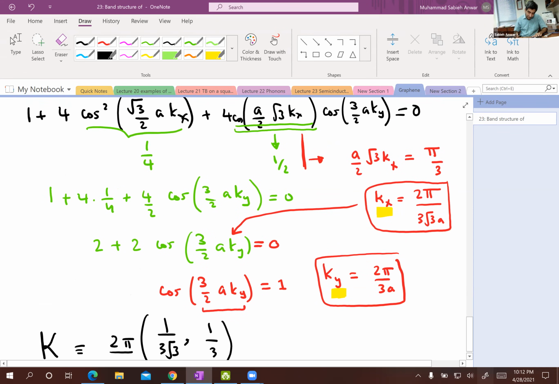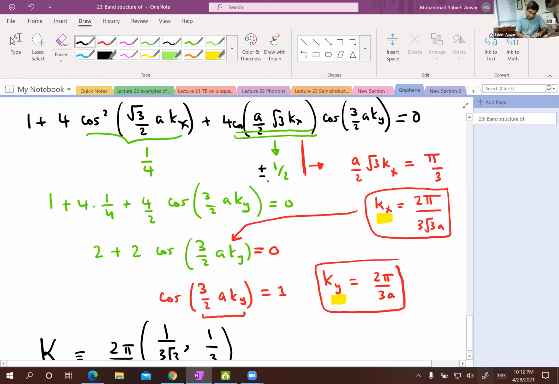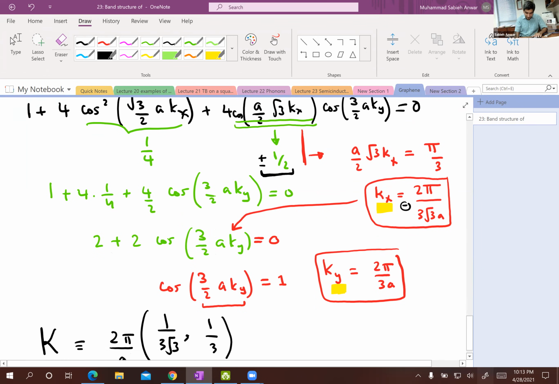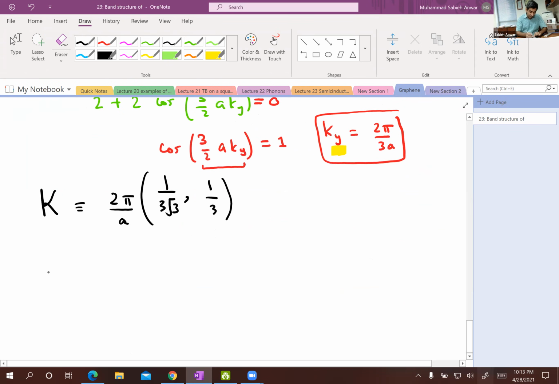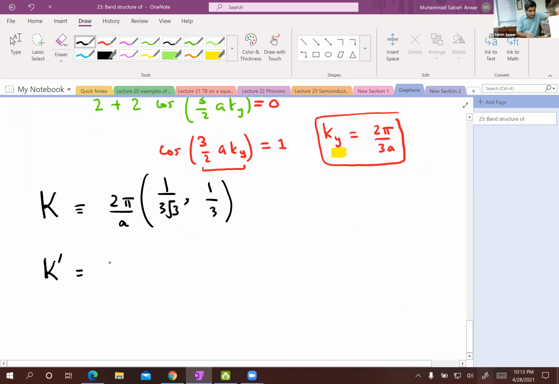Likewise, if I were to put this value to be equal to minus 1/2, then kx and ky can still be found. Kx will then be minus of this, but ky will remain unchanged. So I'll get another k point, which is called K prime. That K prime is going to be 2 pi over a, minus 1 over 3 under root 3, 1 over 3. So I have these 2 points at which the bands meet.